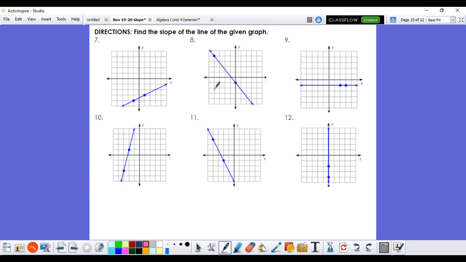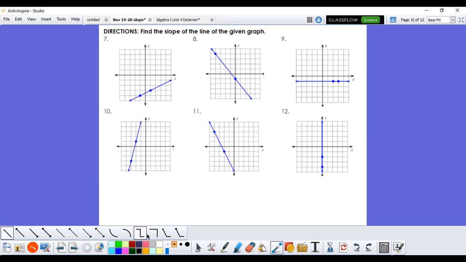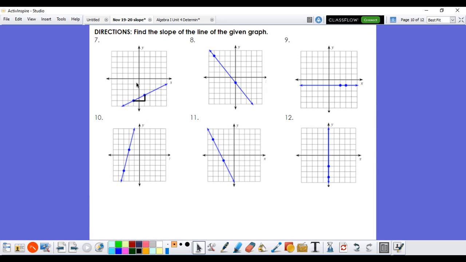So let's take a look at this first picture. What I want to do is use my line tool to make a right angle between the 2 points. This is the picture that I get. And from the formula that you wrote down, we are looking for rise over run.